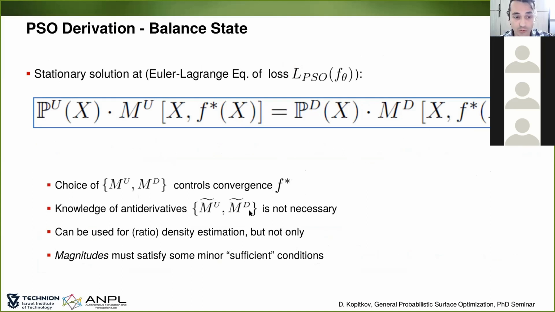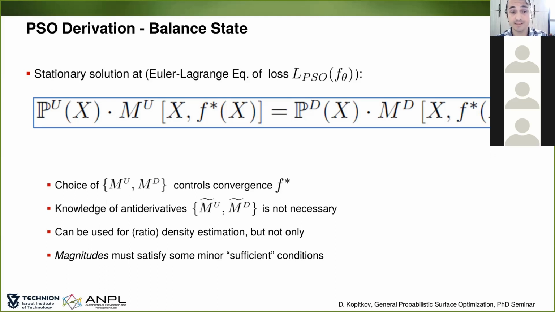Likewise, mu tilde and md tilde are not required at any point of this algorithm. They appear only in the mathematical proofs, but they are not required for any step of the algorithm. We define any PSO instance by these two functions. So we can say that we are defining our estimators via the Euler-Lagrange equation.